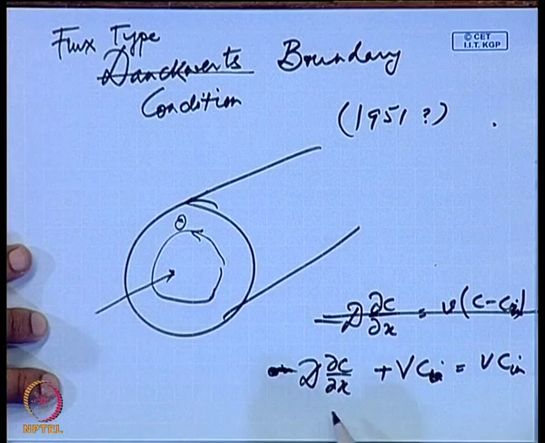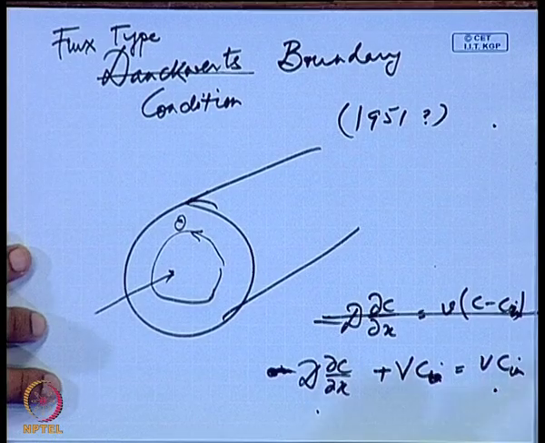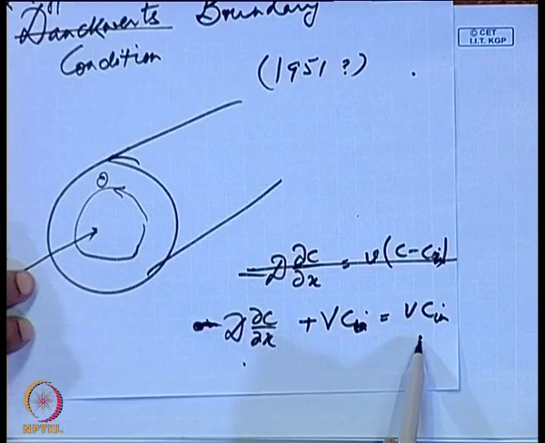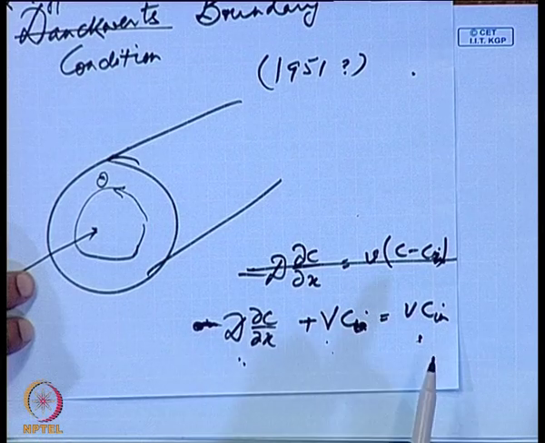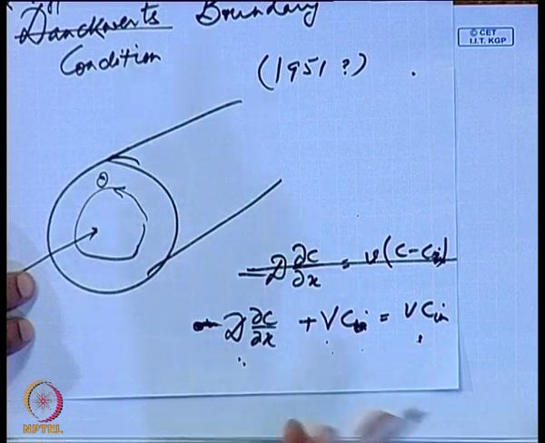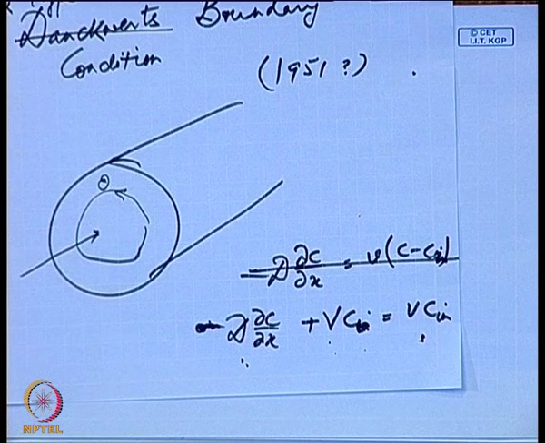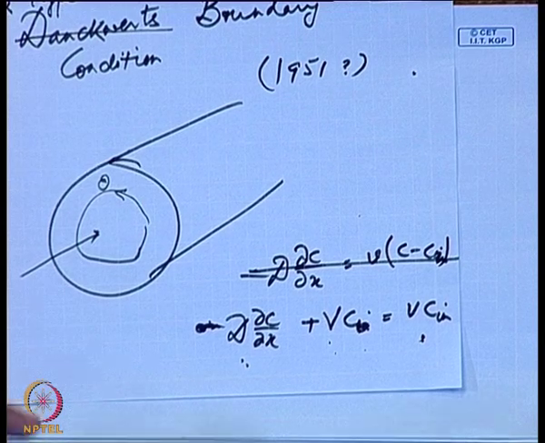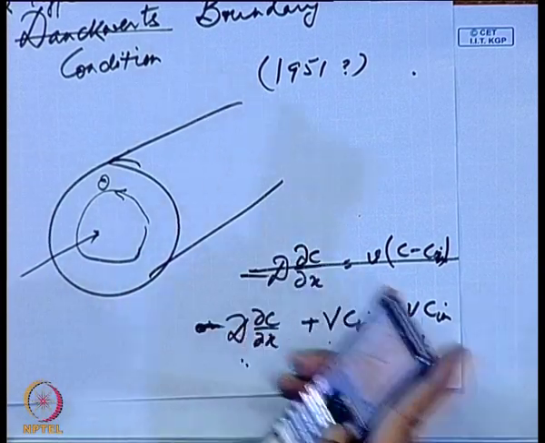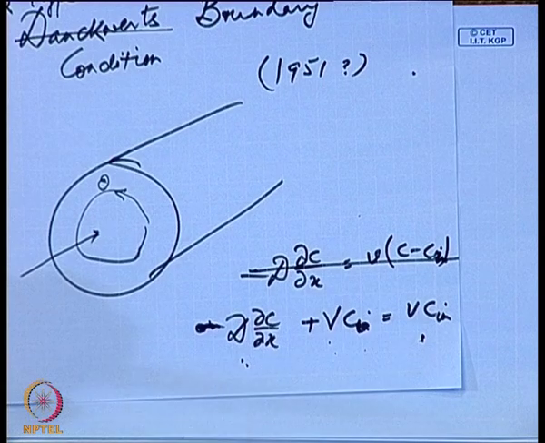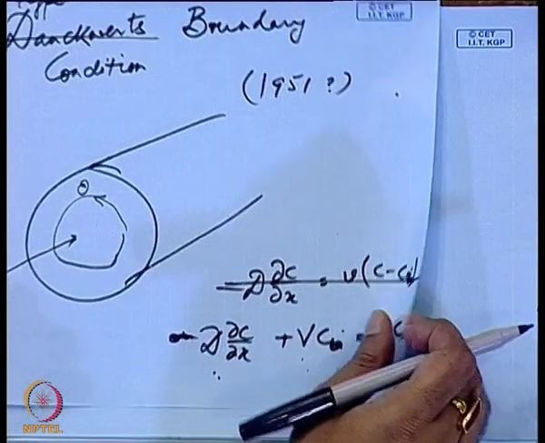So this is what is coming in, v times c in, the velocity times concentration. I'll pull this a little to the middle. This is what is coming into the system, and what is going out is diffusion plus convection, fine. So there shouldn't be any confusion about this, because this is a very straightforward system. So this is the boundary condition we have, the Danckwerts boundary condition.